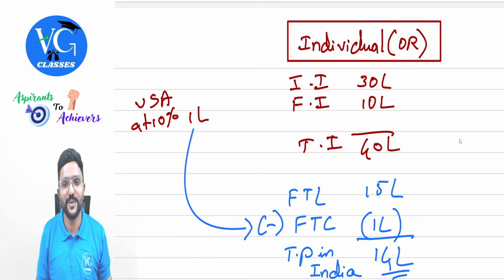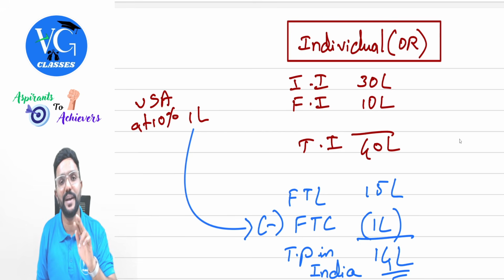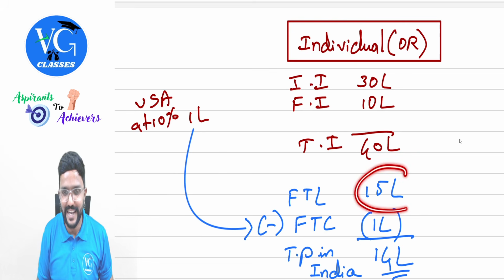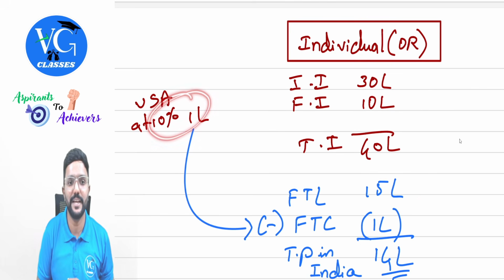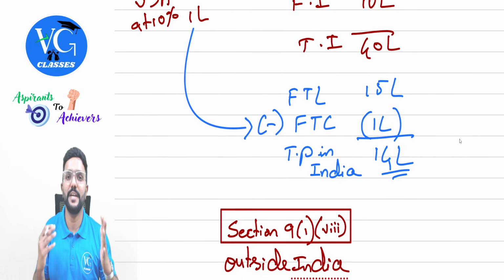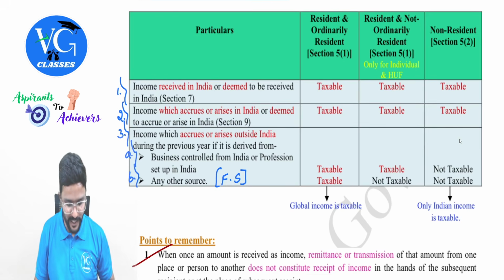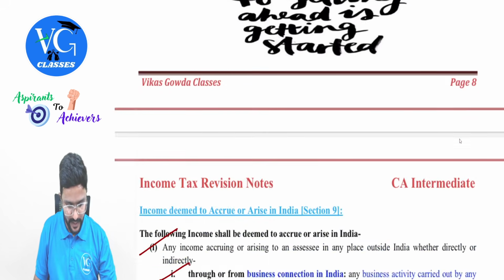So what the Indian government did indirectly is make you pay tax at 20% in India on this 10 lakh. Why so? Because while calculating this 15 lakh, I would have calculated 30% on 10 lakh. They are giving credit at how much? 10%. So the individual ended up paying the remaining 20% in India. Is that clear? Yes, this is what the Indian government is doing.